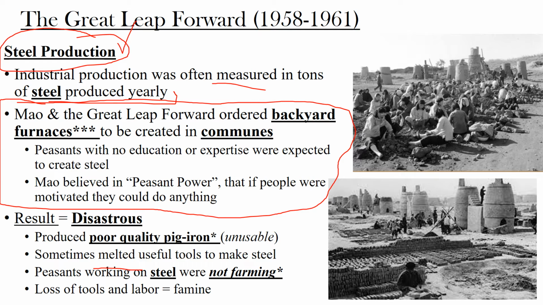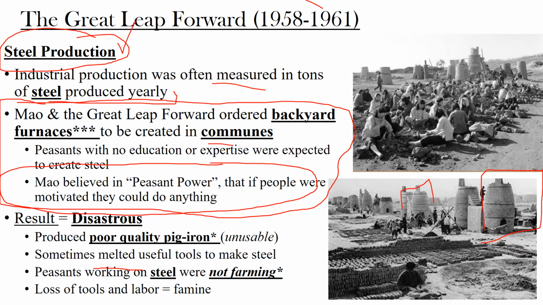Mao Zedong just believed that if peasants are properly motivated, if the people are motivated, they can accomplish anything. So Mao, as part of this Great Leap Forward, orders the creation of backyard furnaces or smelters, basically just made generally out of clay.